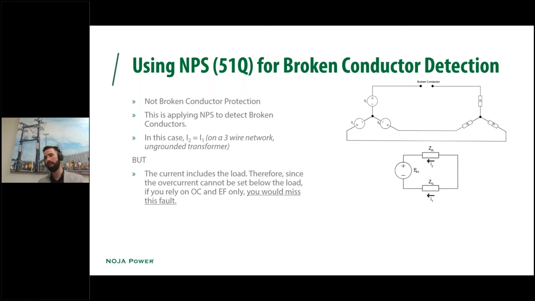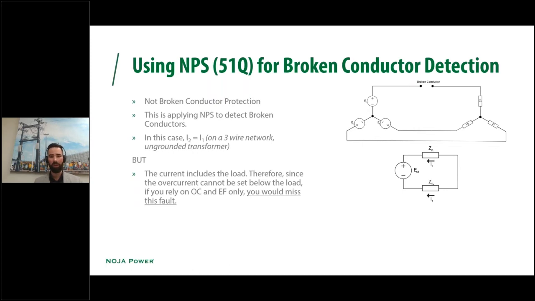The example on the right-hand side there is if you've got an ungrounded network and you have a discontinuity on one of those phases, then inherently, even though the current includes the load, your I2 is equal to your I1. So if you have I2 in this scenario, you can tell that there is a broken conductor, even though it looks similar to what a load current would be from an I1 perspective.